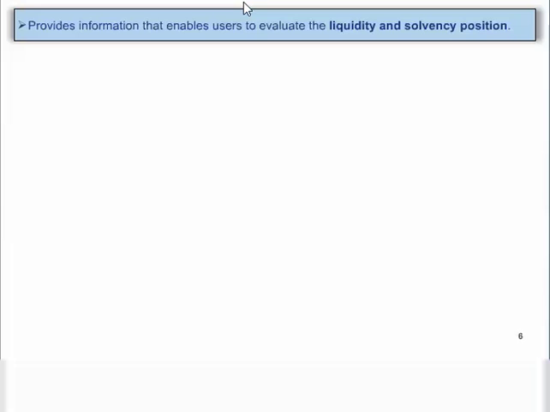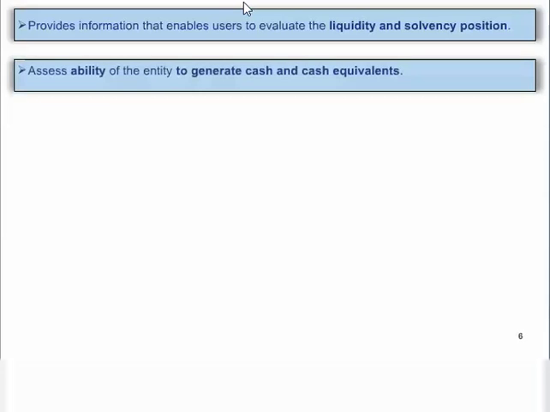By this, we mean that a user, by understanding and analyzing the cash flow statement, can understand what is the liquidity position of the entity, whether it would be able to meet its current liabilities out of its current assets, whether it generates sufficient cash to maintain its working capital, whether it generates sufficient cash to meet its long-term liabilities. Thus, a cash flow statement helps in understanding the liquidity and solvency position.